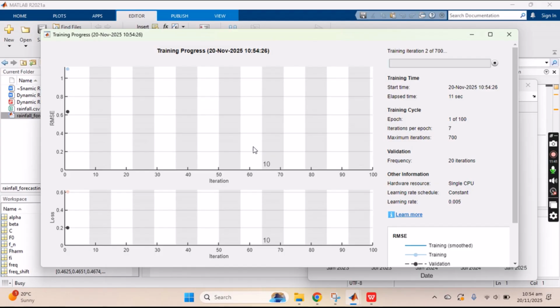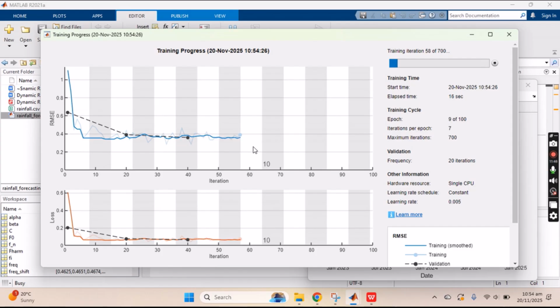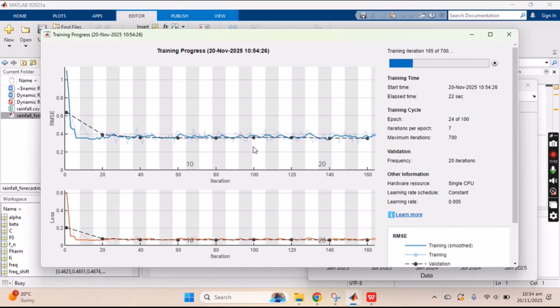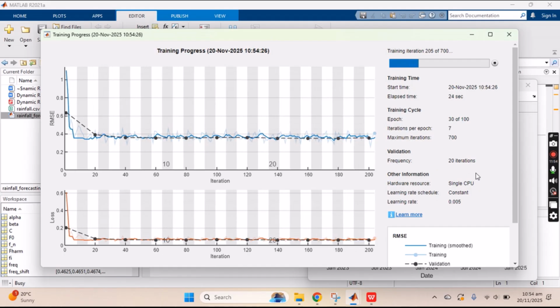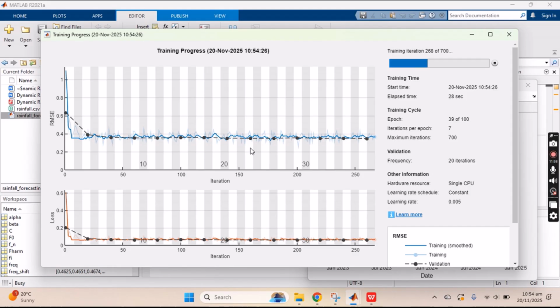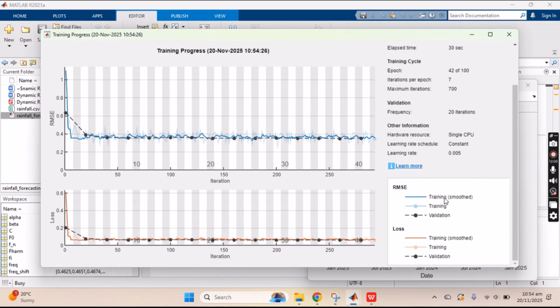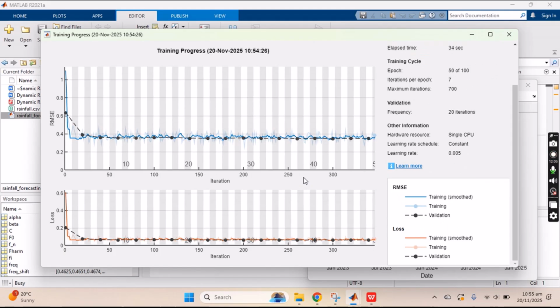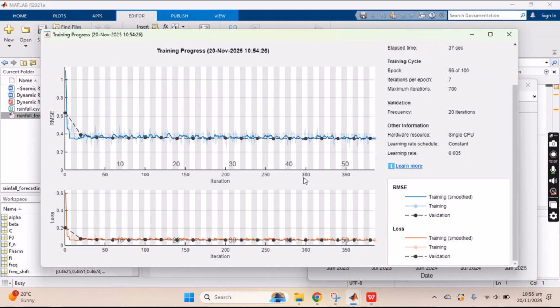See, these are the output results for the training progress of the rainfall according to the iterations per epoch. The maximum iterations is 700, and the frequency is 20 iterations. Training and validation proceed smoothly, and there is a learning rate schedule as well.